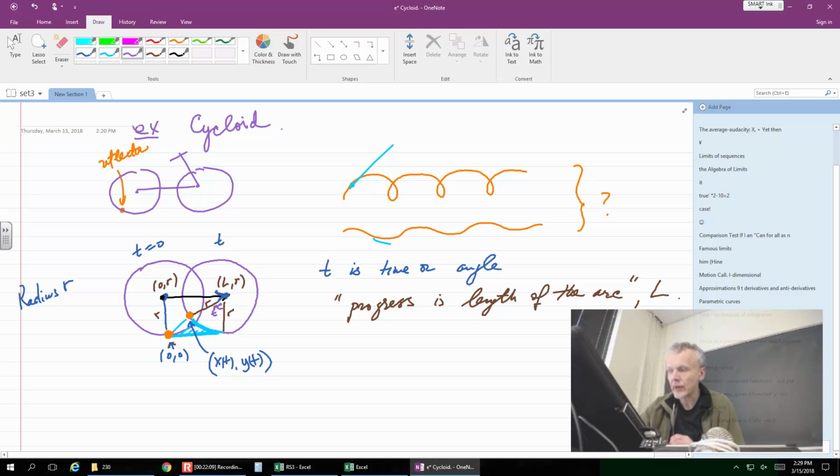It is t, seen visibly right here, from the vertical to the horizontal. Let me extract that piece of our circle like this, in blue. This is our rotation. This is r, this is r, this is t, and this is L.